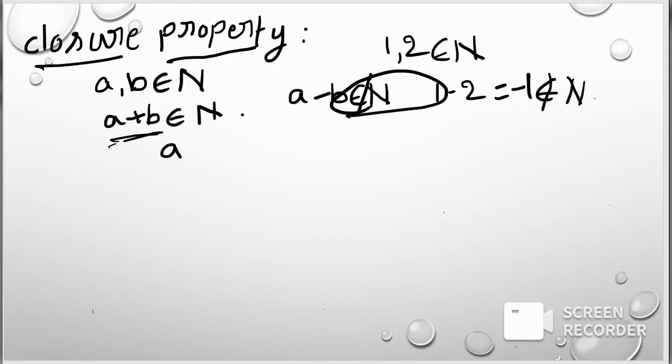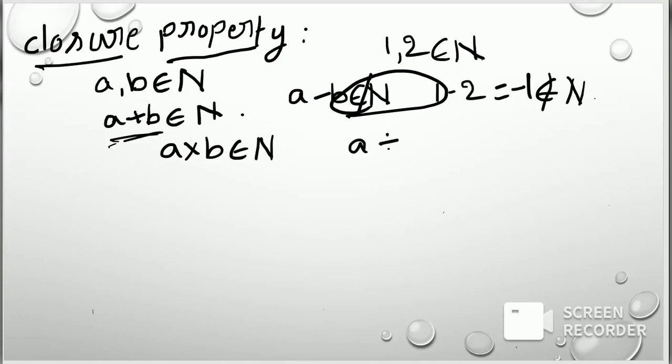If a, b are any two natural numbers, then the product of the two numbers also belongs to N only.